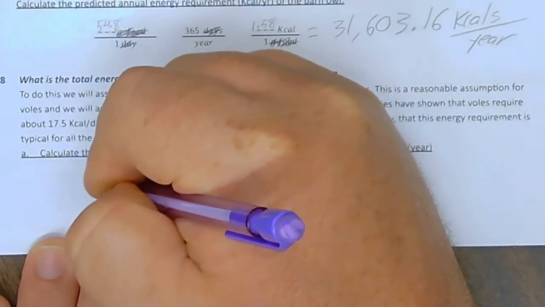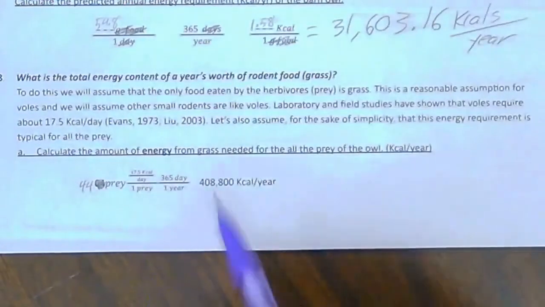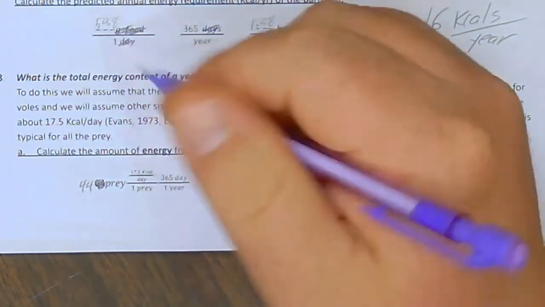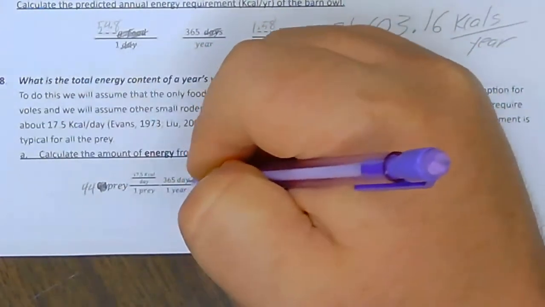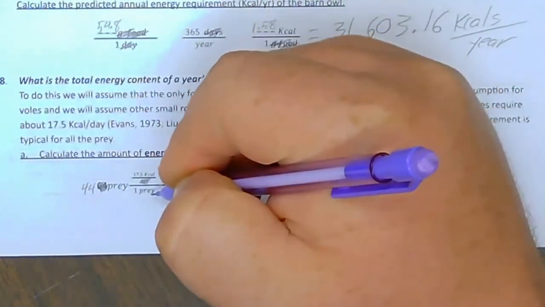Because really all we need to do is change this to 44. Okay. So as we look at 44, we can cross out days with days, right?